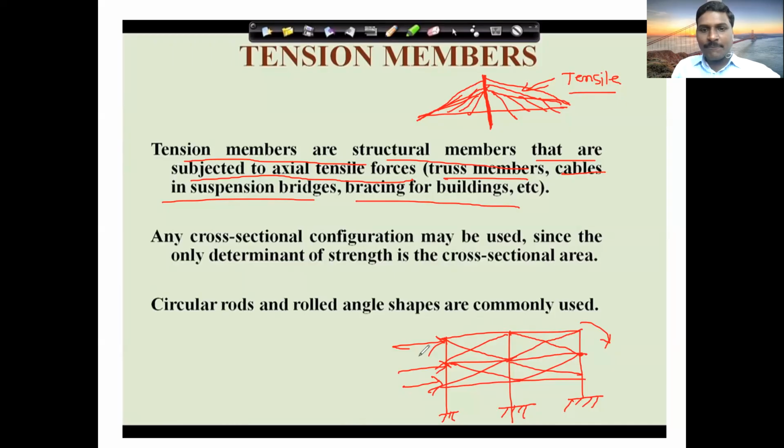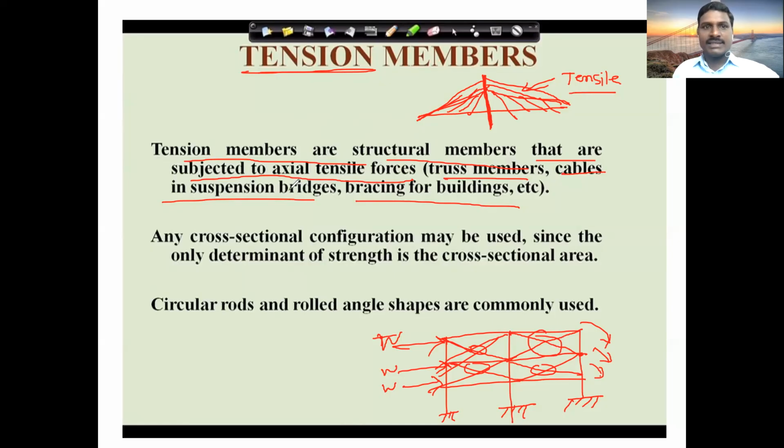To avoid overturning of the building, we provide such bracings, and those bracings take which type of load? Tensile load.